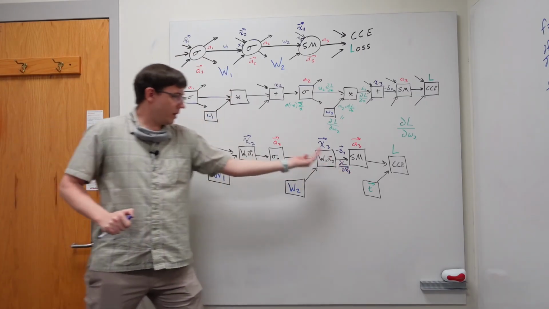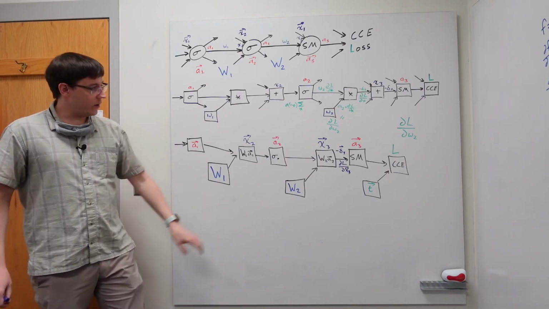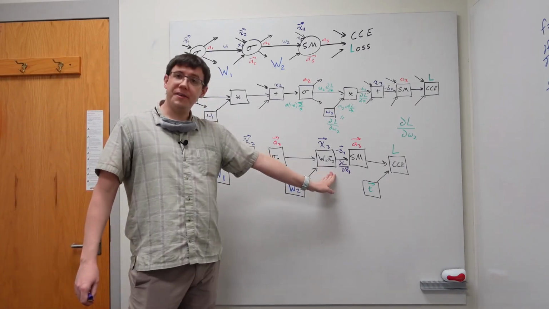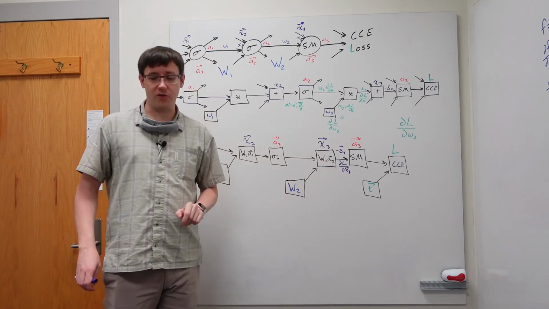And so now if we want to propagate that backwards through the network, then we need to know the derivative of this matrix vector multiplication.